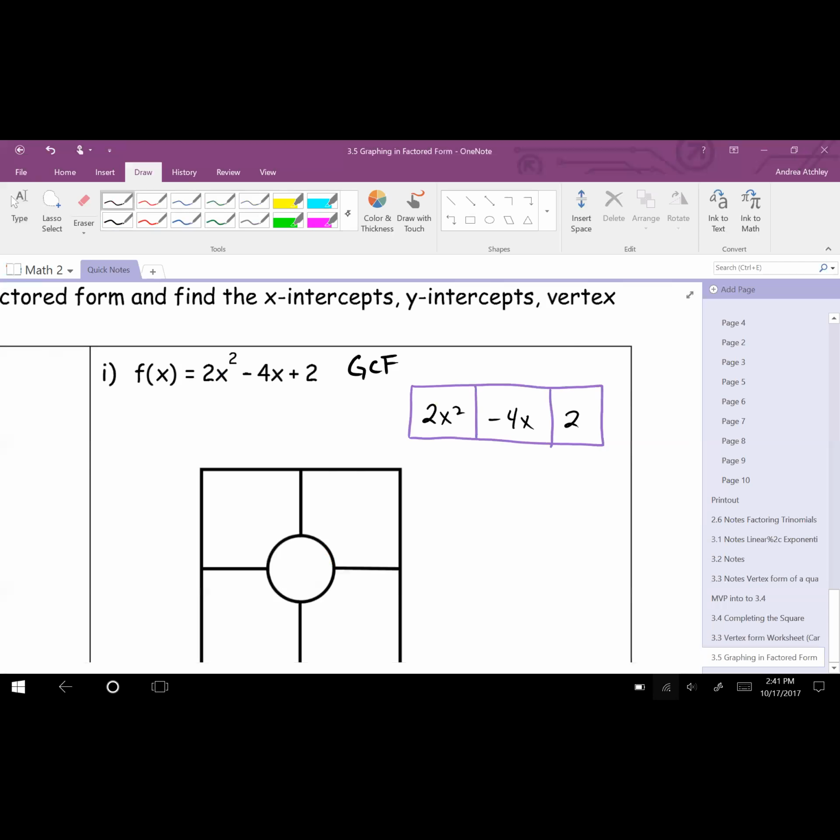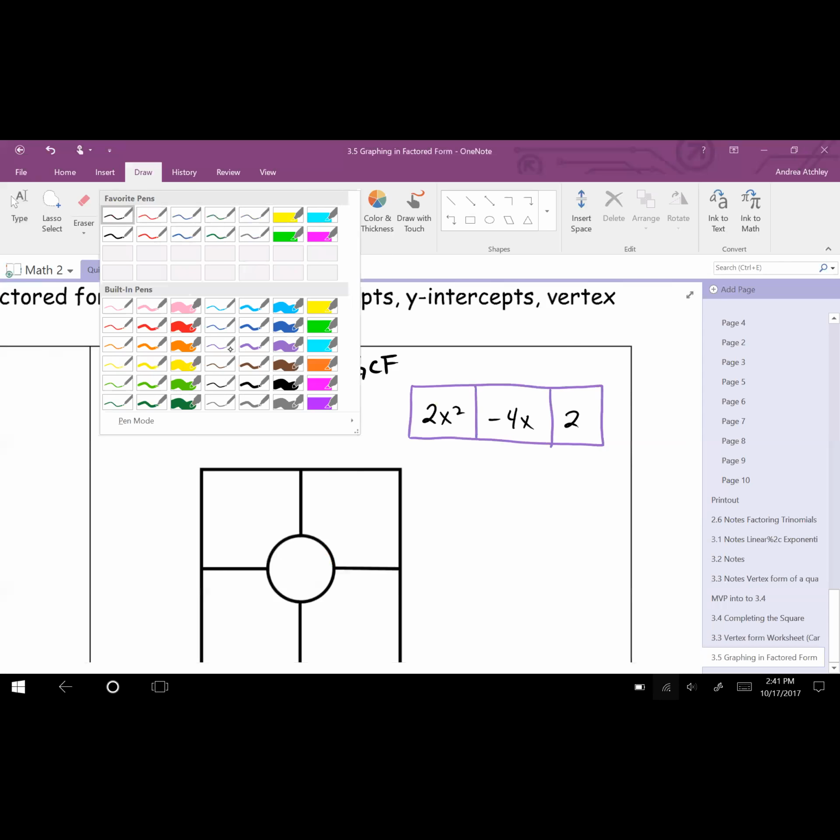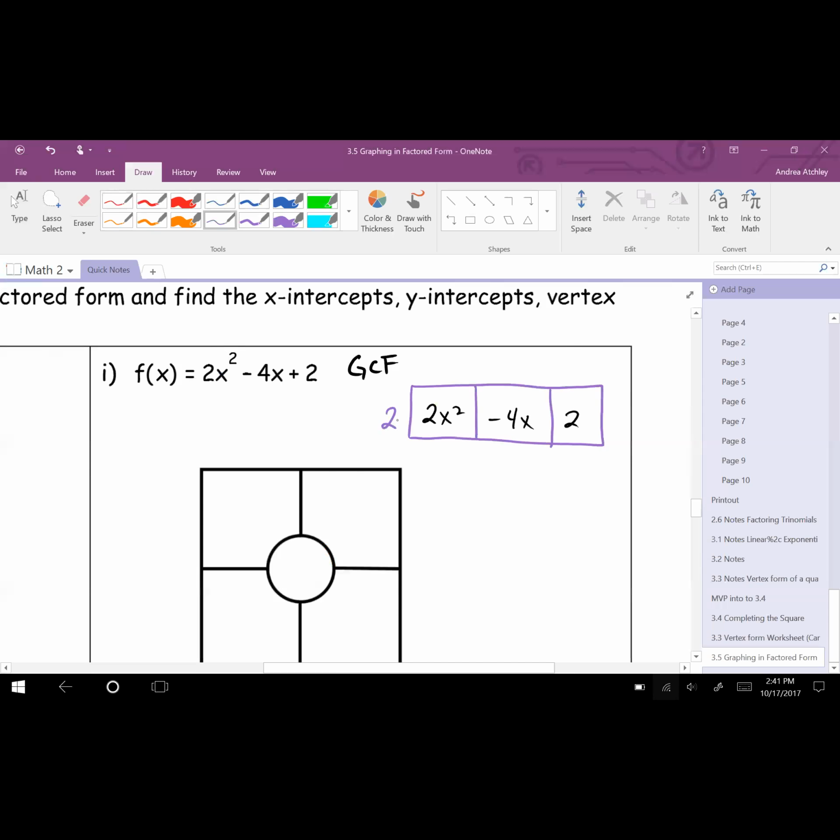In class, what can they all be divided by? 2. So my GCF is 2. So I'm going to get x squared. -4 divided by 2 is -2x. And 2 divided by 2 is +1.